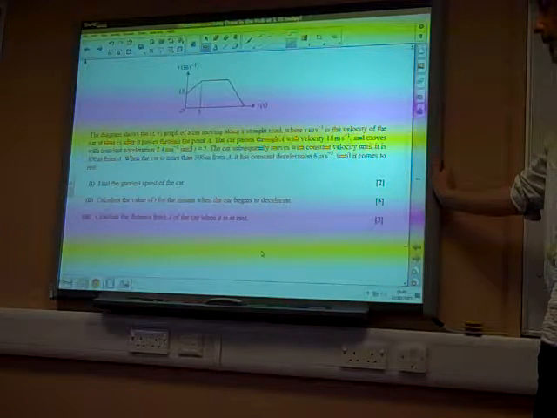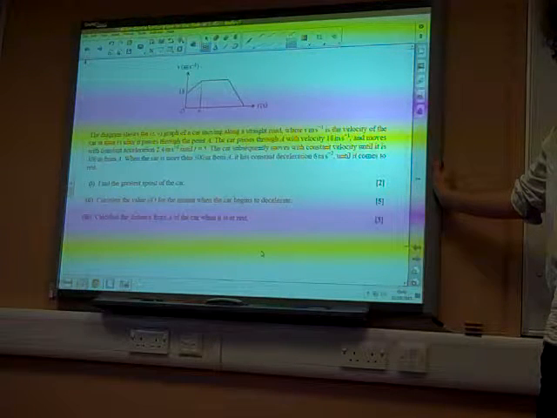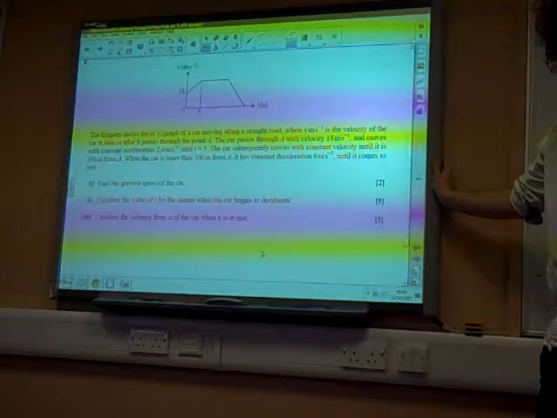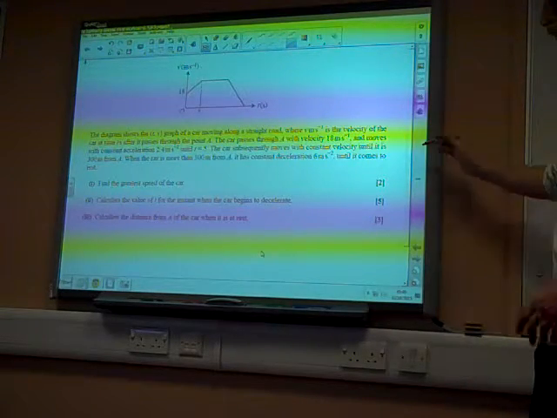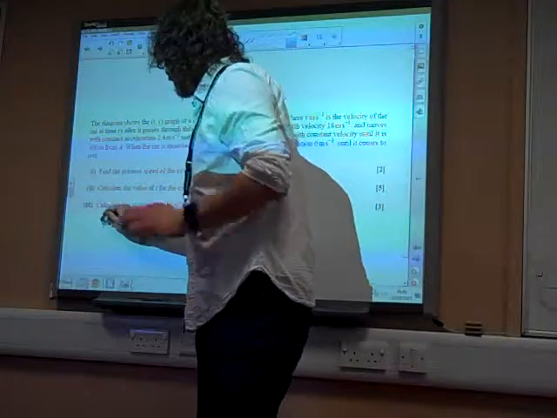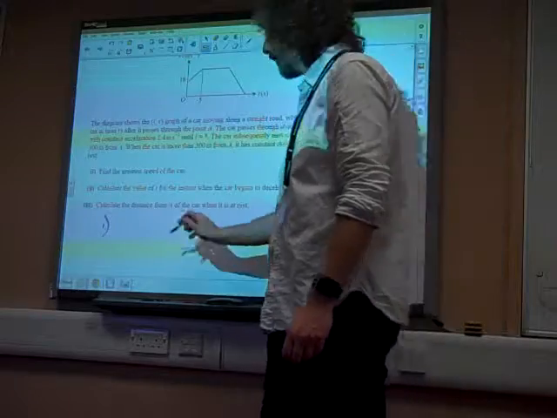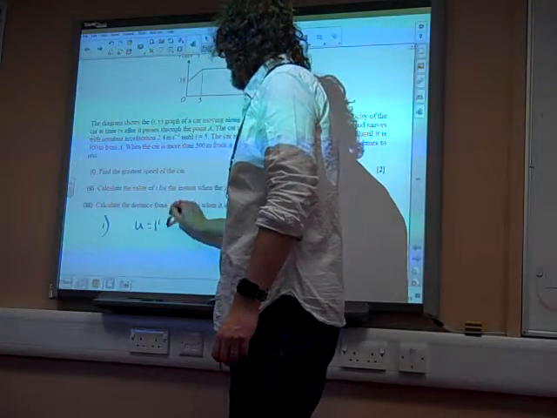Find the greatest speed of the car. Okay, well this is quite an easy start bit, isn't it? Because if we think of what we've been told here, we can do it from the graph, but actually we've got an initial velocity of 18.